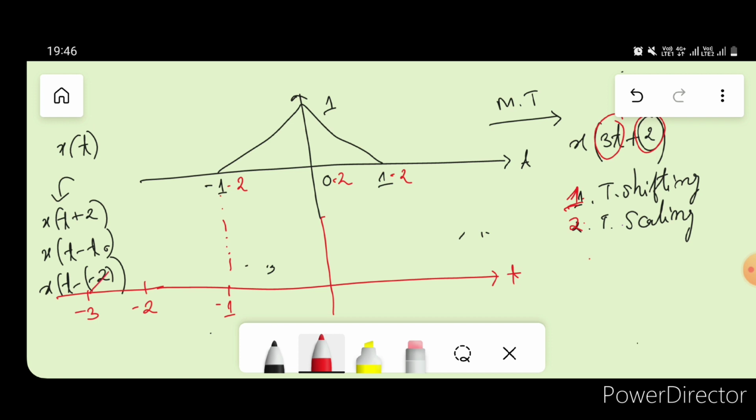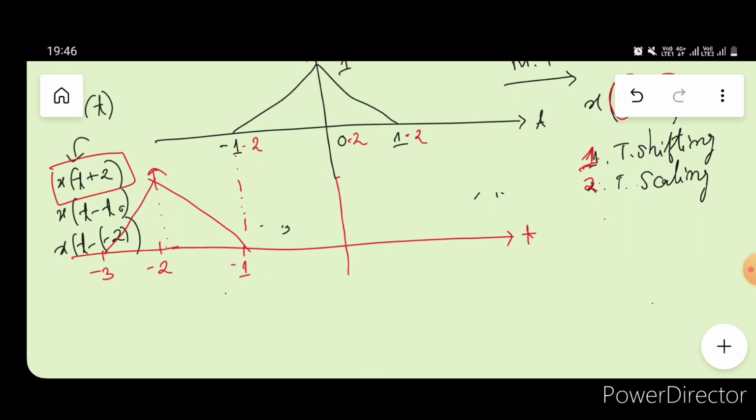So our signal will be shifted here. This is our step number 1, our signal x of t plus 2. Now this is not our final answer.